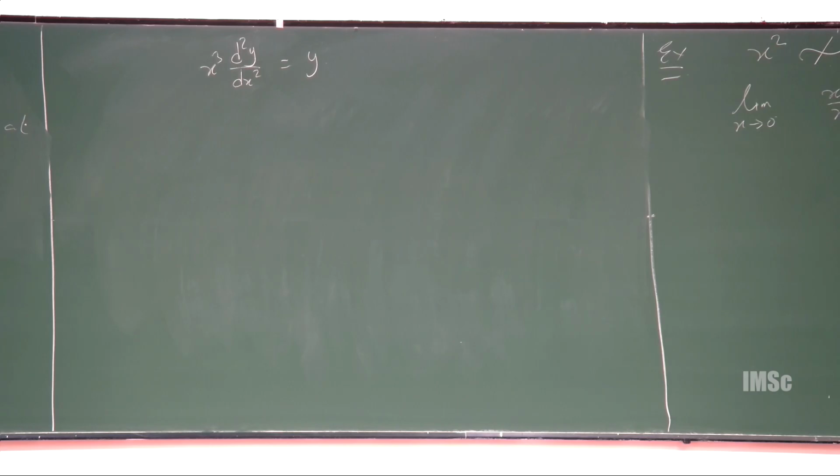If that is analytic, then that would be a regular singular point, because at x equal to 0 anyway you have a pole, right? You have a singularity.